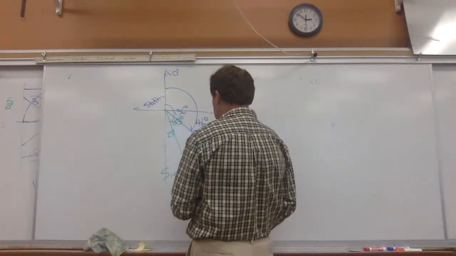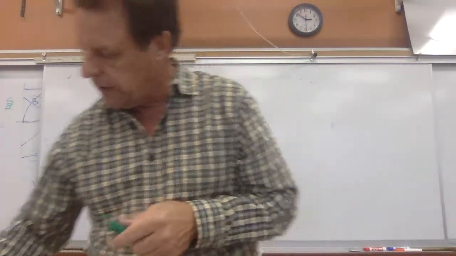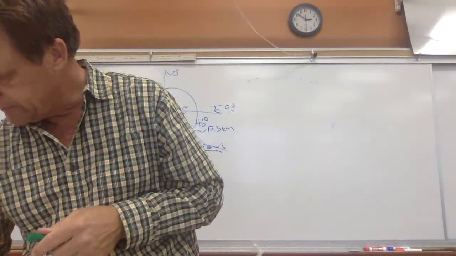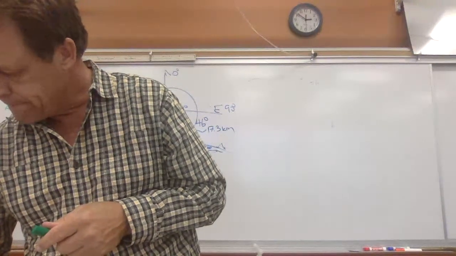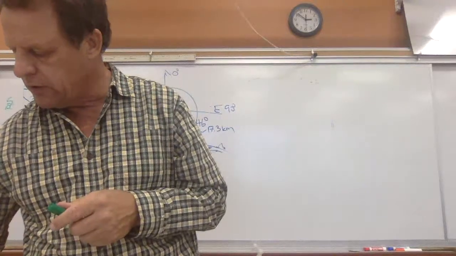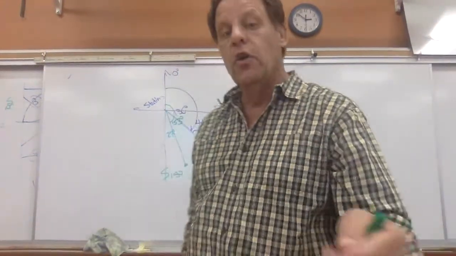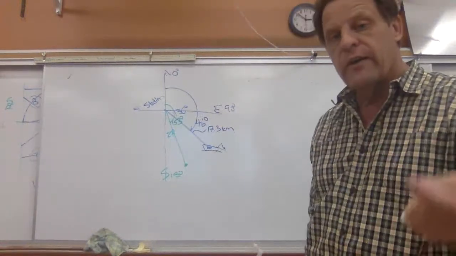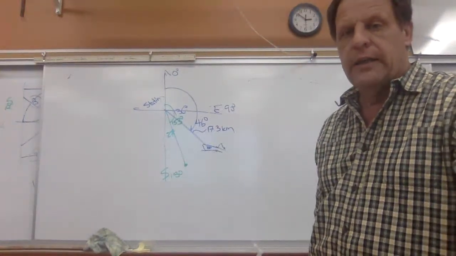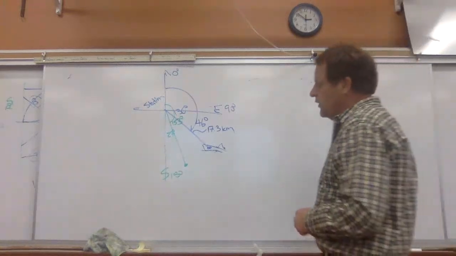So now, really what the question is asking is write a position vector for the ship relative to the plane. Okay, so let's first figure out where those are in coordinates. And then we can figure that out.